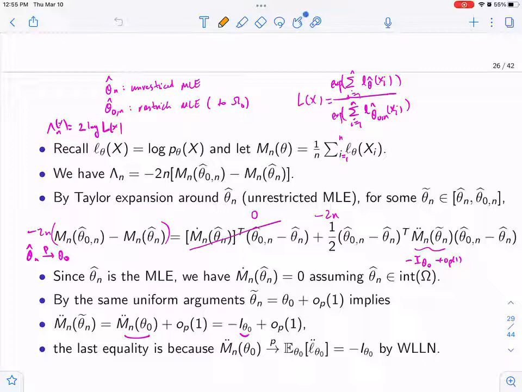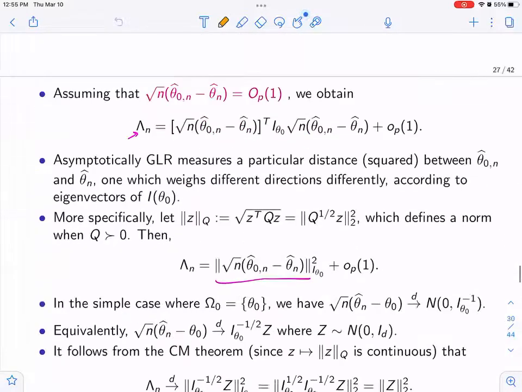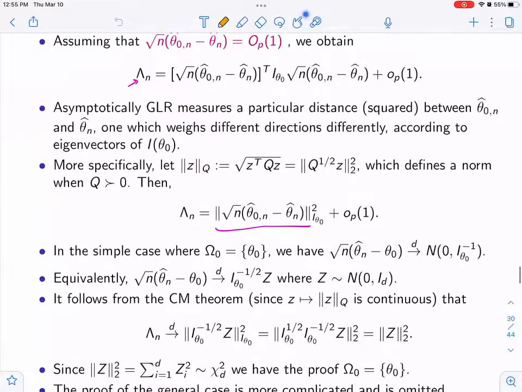This Mn is the average log likelihood, and the difference looks like a quadratic. The end result is that you can write this gamma n as a distance. It measures a distance in the new norm that we defined, based on the Fisher information, plus some o_P(1).